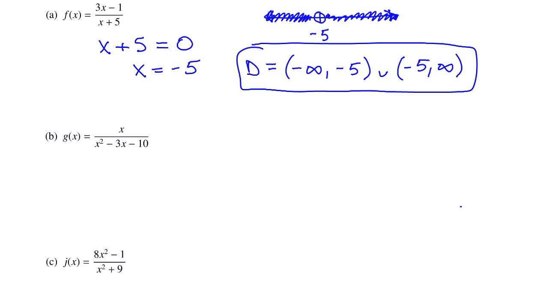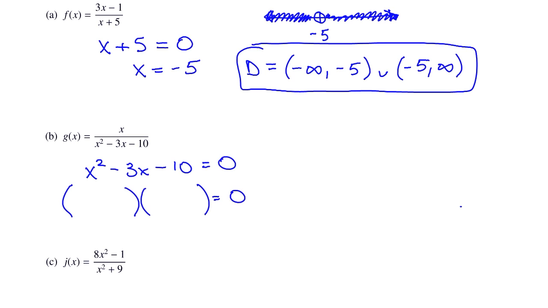Example B, g of x is equal to x over x squared minus 3x minus 10. Set the denominator equal to 0. So we have x squared minus 3x minus 10 equals 0. You have to solve whenever the denominator is equal to 0 in some fashion. This one is a quadratic, so you have several ways of solving quadratics. You can either factor, complete the square, or use the quadratic formula.